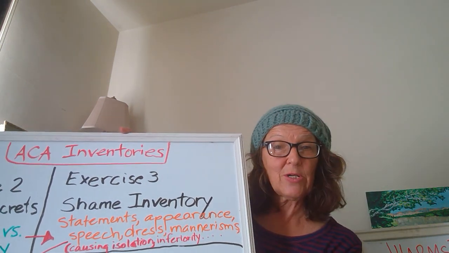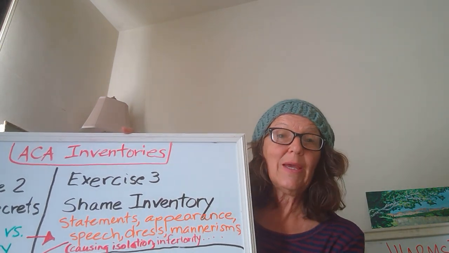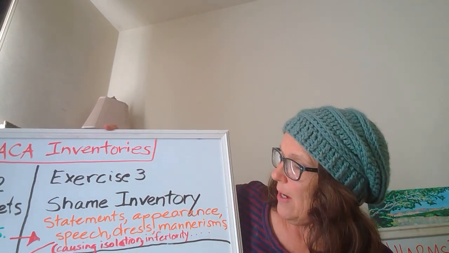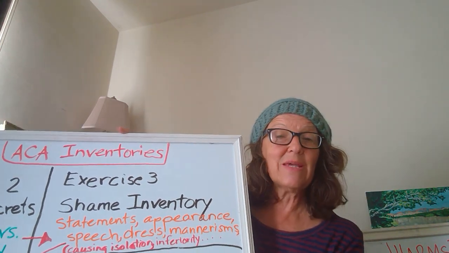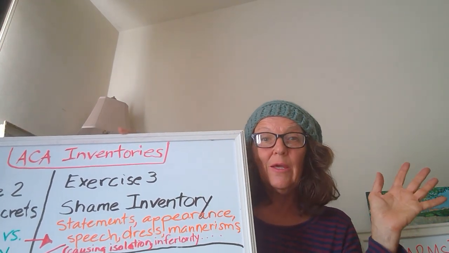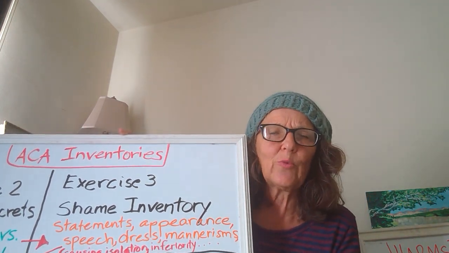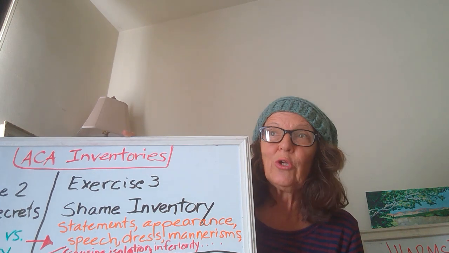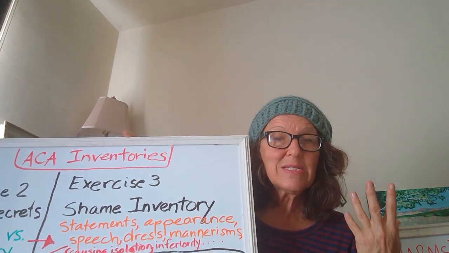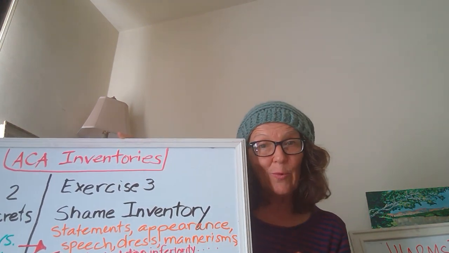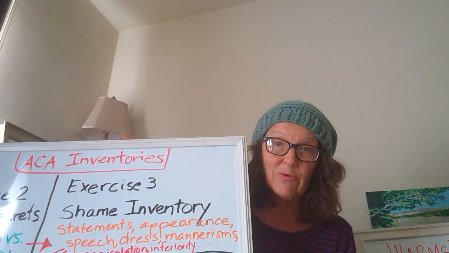Or you're so clumsy, you're so stupid, you keep messing up. Something about your speech. Maybe you're not as articulate. Maybe you slur your words, or you stutter, or you have a lisp, or you don't use the right grammar, and you're shamed for those things.